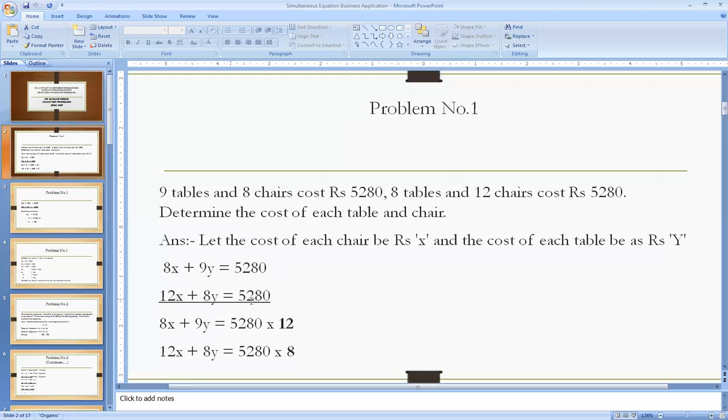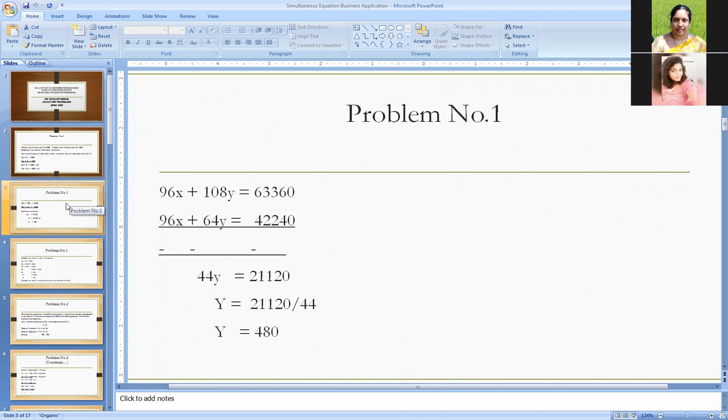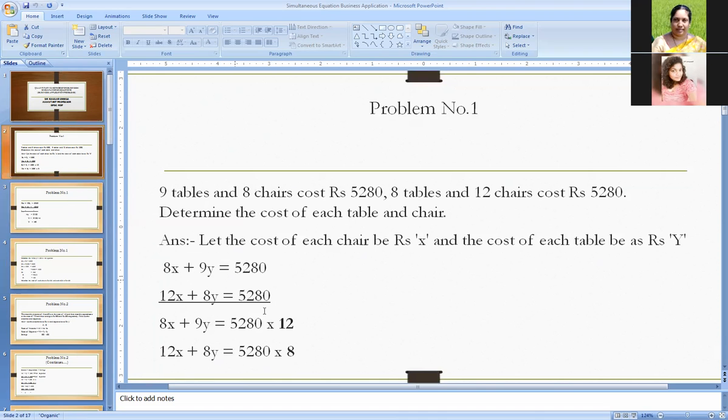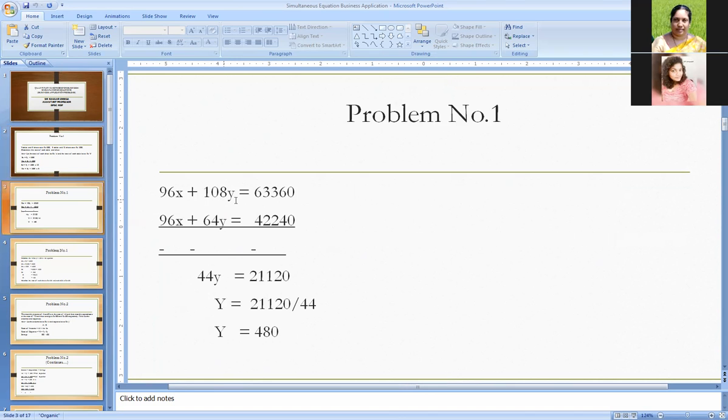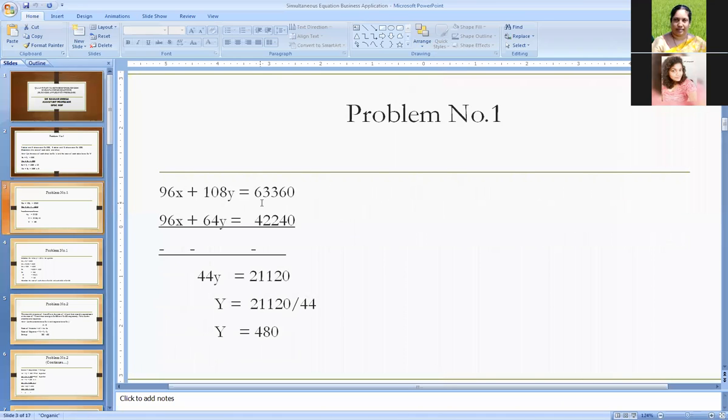So here 12 into 8 is nothing but how much? It is 96x, and then the value, that is 12 into 9y, it is nothing but 108y, that is equals to, again 5280 into 12, the value is 63,360.